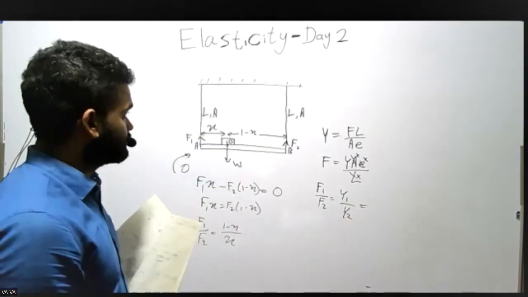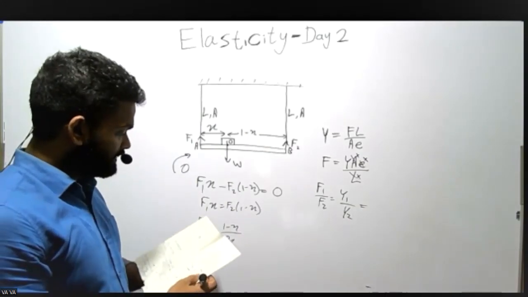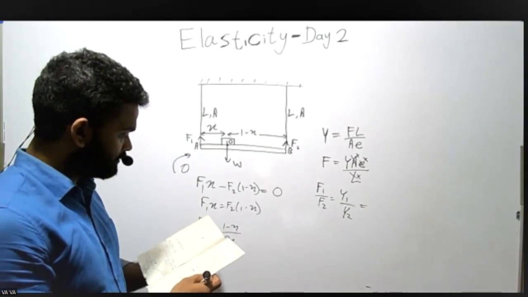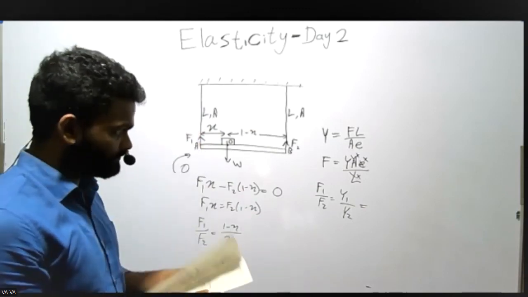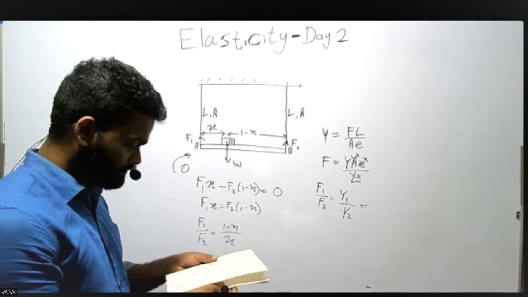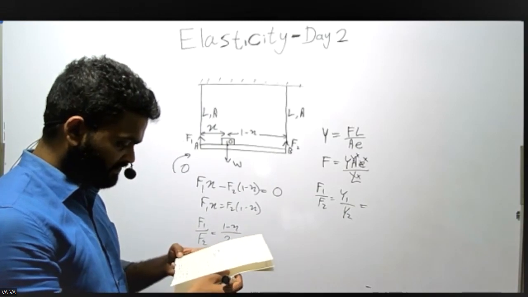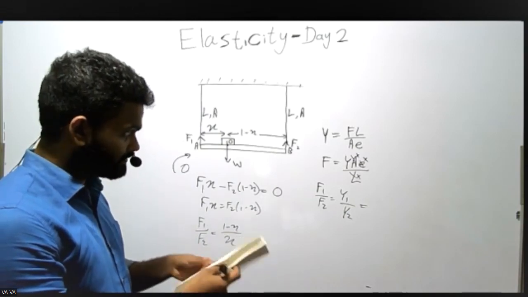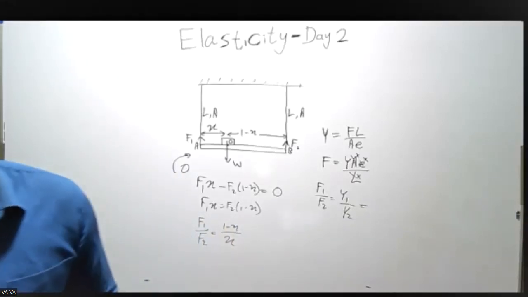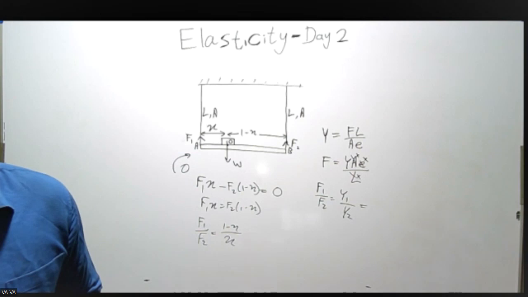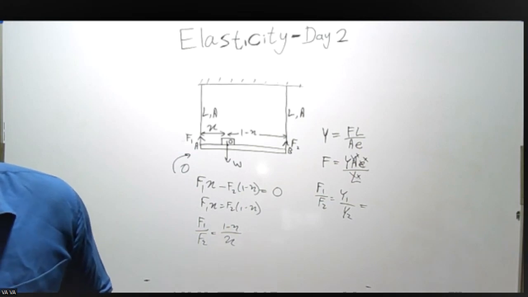Here Y1, is it copper or what? The first wire is steel, right? In the notes at the last class, I gave you the Young's modulus values.